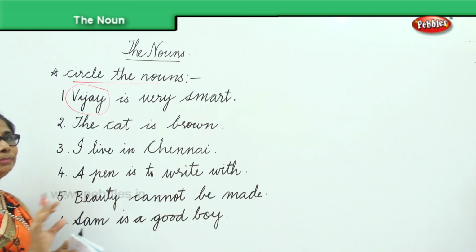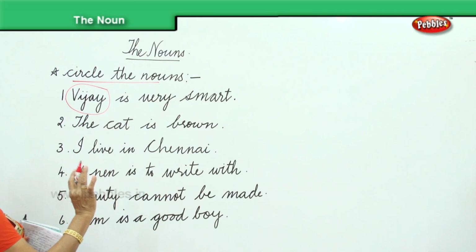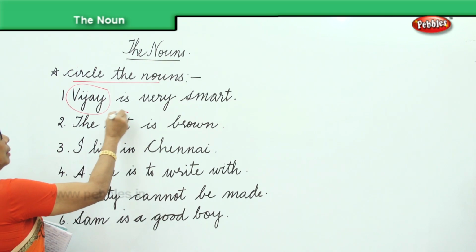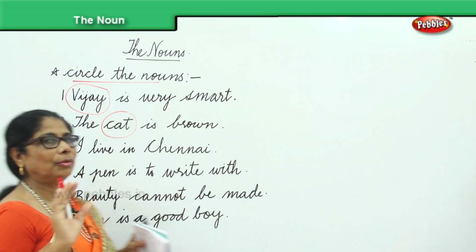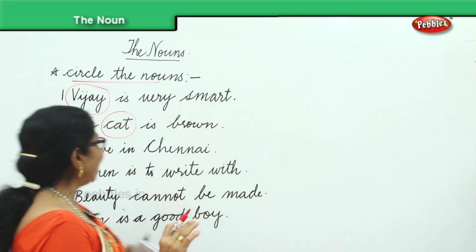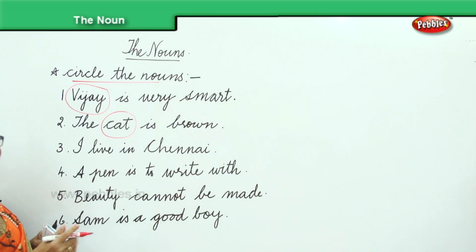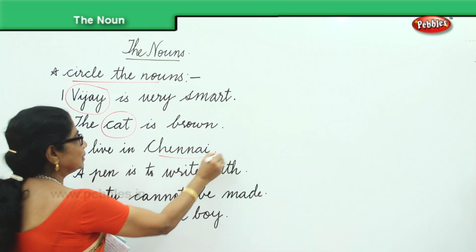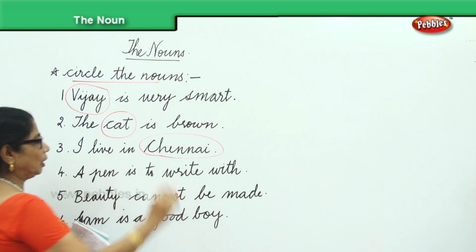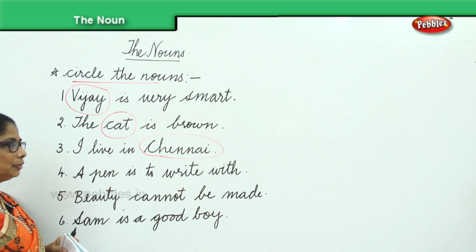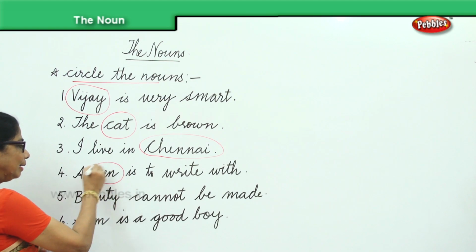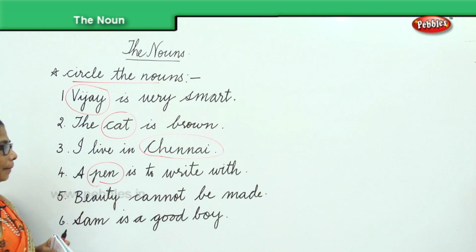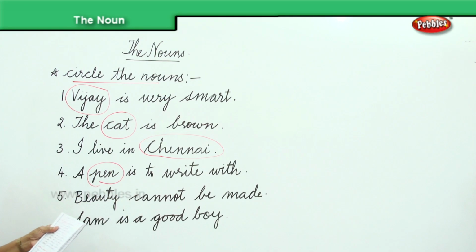The cat is brown. What's the color of the cat? Brown. Which is the noun? The cat. Cat is the noun. So, Vijay, cat. I live in Chennai. So, Chennai is a noun. Again, it's a proper noun. A pen is to write with. Again, pen. Very good. Next, beauty cannot be made.